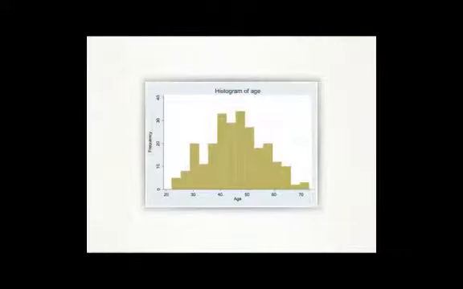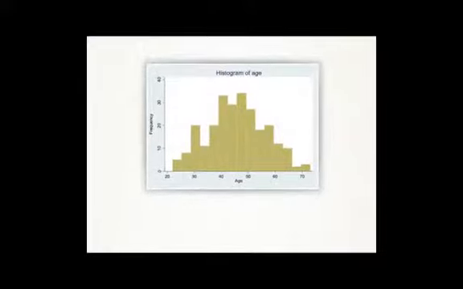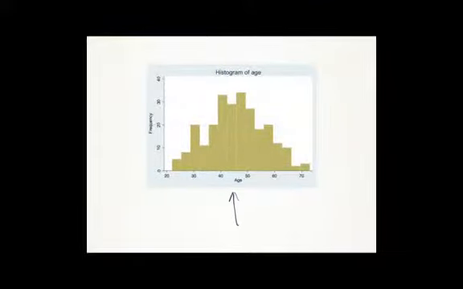So let's talk a bit more about the graphical displays. Now that we've talked about the numerical displays a bit, let's talk again about the graphical displays. Okay. So here's our histogram. And we'd already mentioned that this gives us a measure not only of the central tendency, which is somewhere around here, but it also gives us a measure of the spread, which is how spread out the ages that we've collected in this data set are.